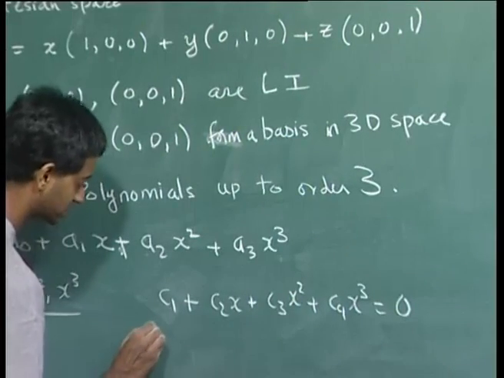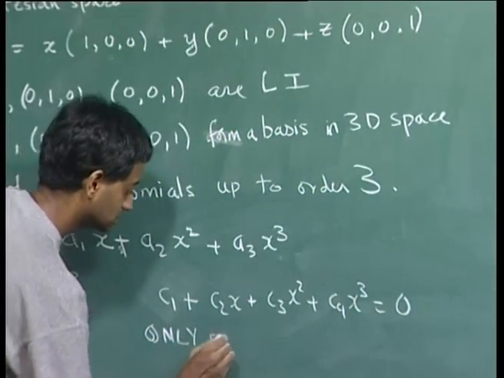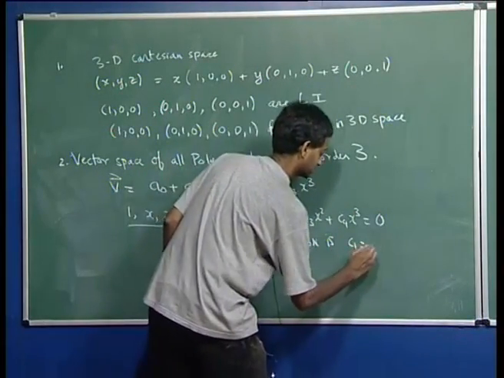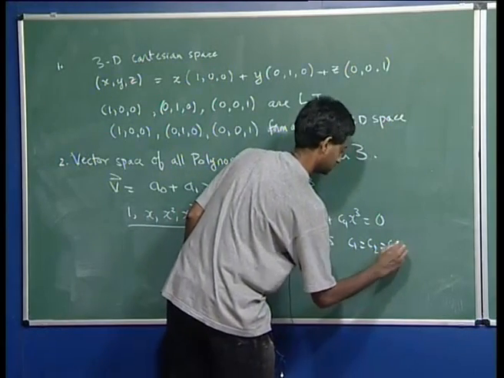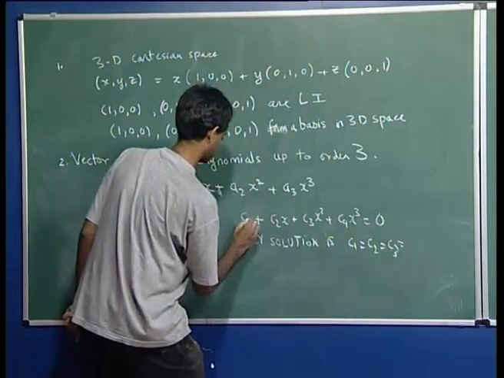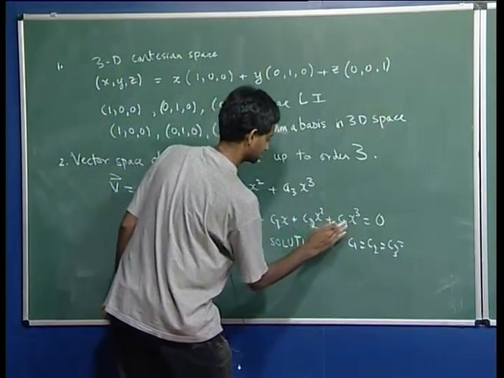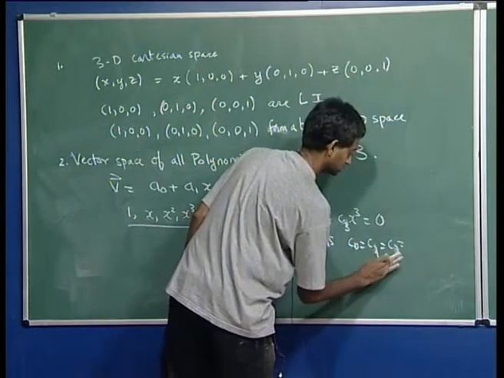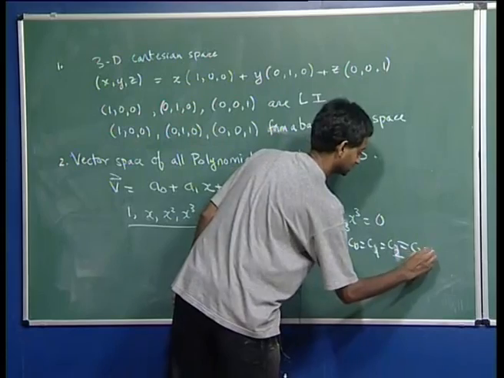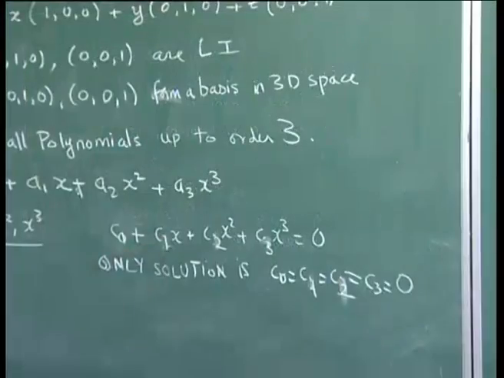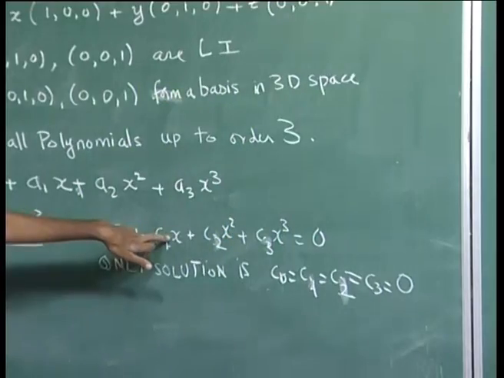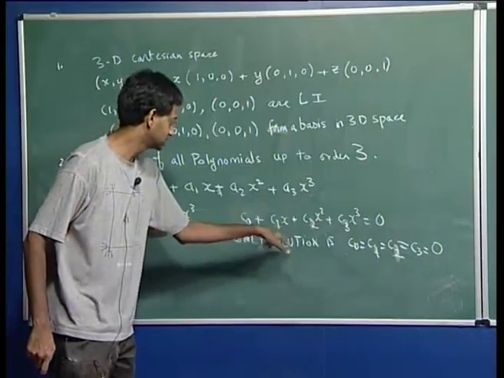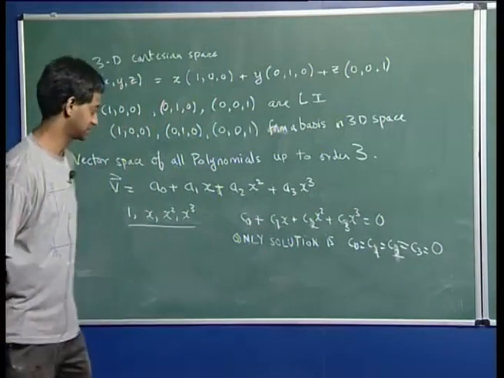So, the only solution is C0 equal to C1 equal to C2 equal to C3 equal to 0. So, all of them have to be 0, and that is the only solution, because this is a polynomial in x, x can take any arbitrary value, and the only way this is satisfied is if each of these terms are 0, and that means each of the coefficients have to be 0.